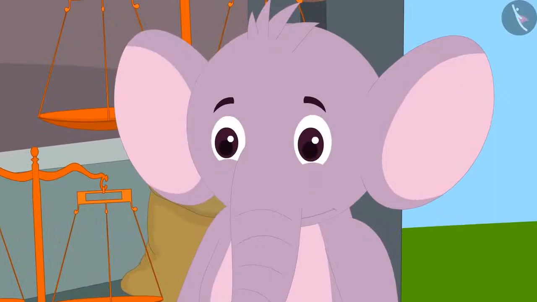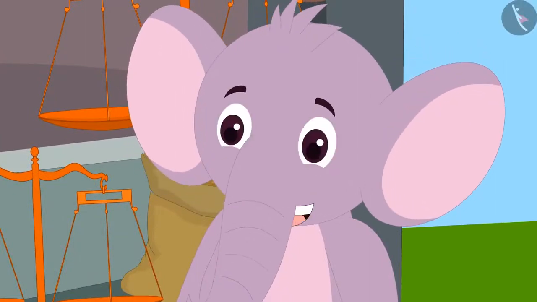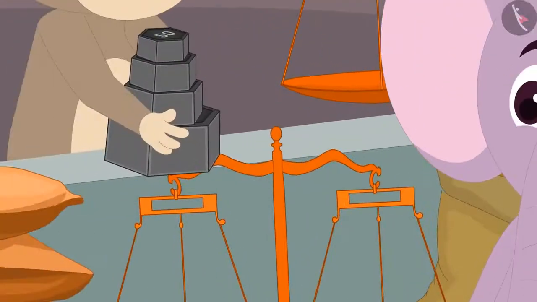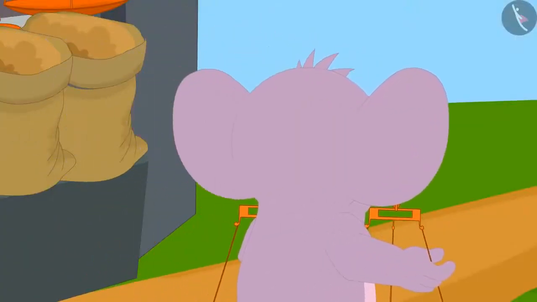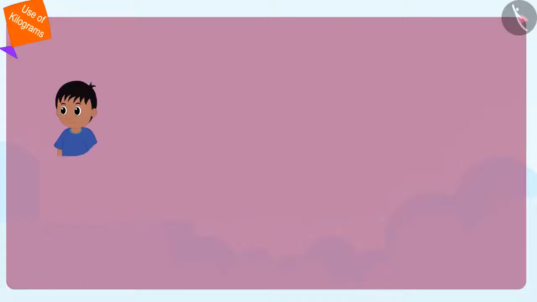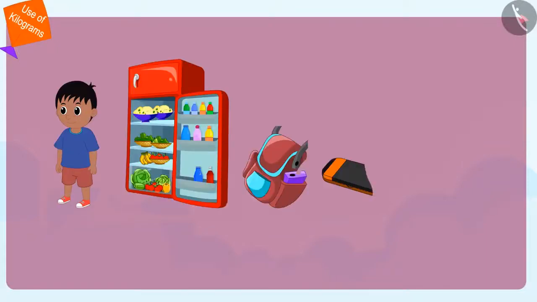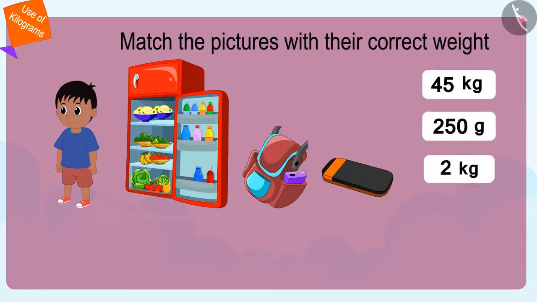Appu became even more excited to learn about measuring weight in grams. He also bought few grams weights from Bhola and happily went to his house. Kids, I have made some pictures here. Can you connect these pictures with their right weight with the help of your friends?